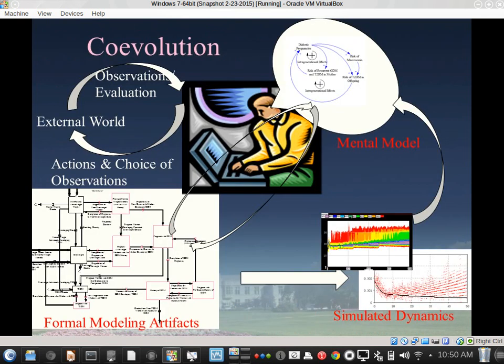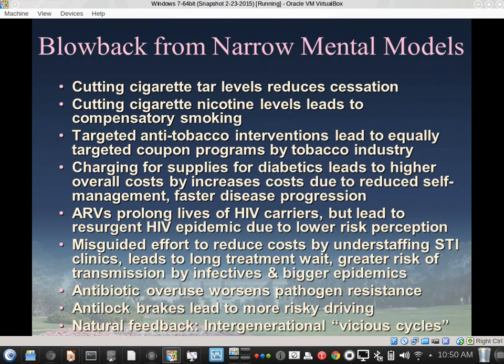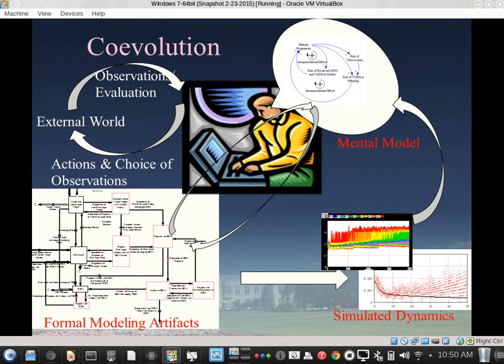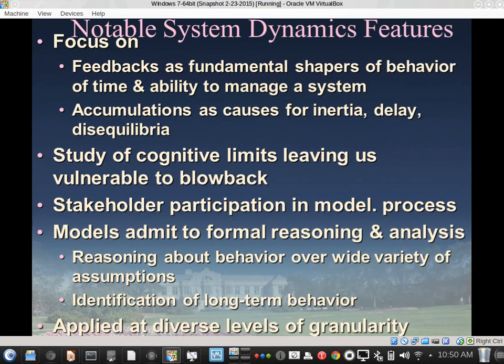So you'll find, in the spectrum of modelers more generally, a real diversity of thoughts about that issue, but in system dynamics, it's a real emphasis. And I talked about this picture before, which is very much drawn from system dynamics ideas of where the mental model, how people think about the situation, is a big issue.